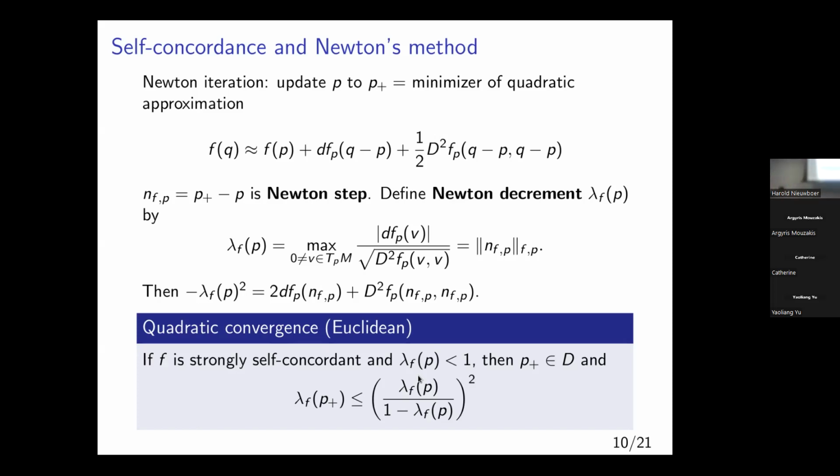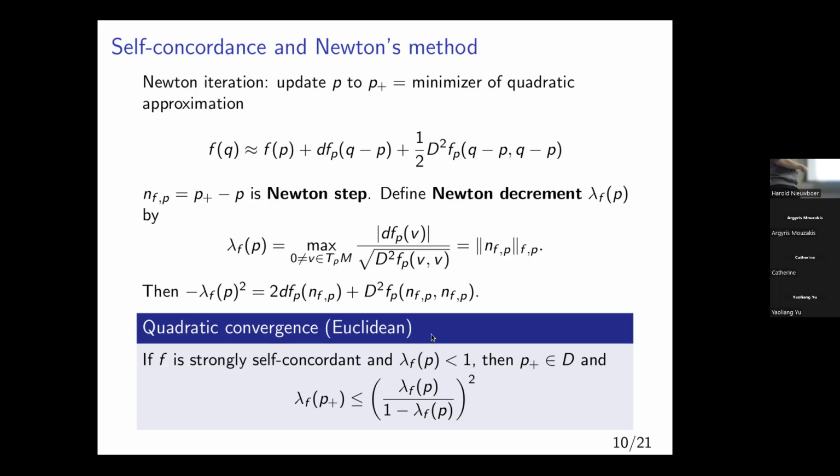Okay, so this gives you a quadratic convergence result because what you can see now is that if you start iterating the Newton method, where your starting lambda is small enough, say something like 1/4 or 1/3 or whatever, then in every iteration you get the square of the previous thing, so you get the quadratic convergence for the Newton decrement.